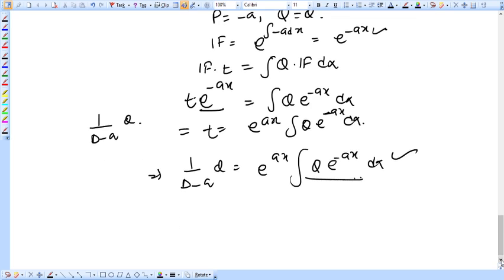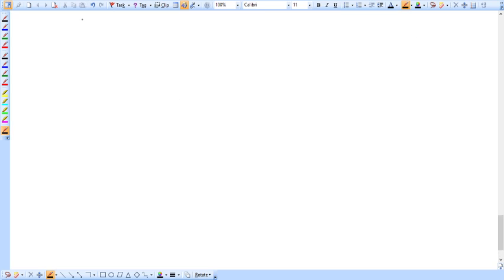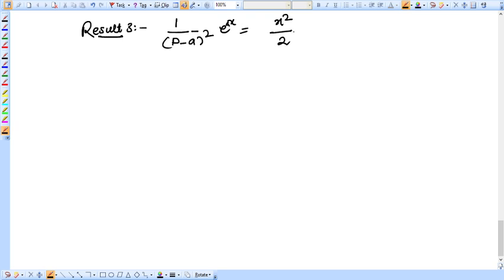Now one more result. One upon (D minus a) square into exponential of x, sorry, into exponential ax is equal to x square by 2 into exponential of ax.